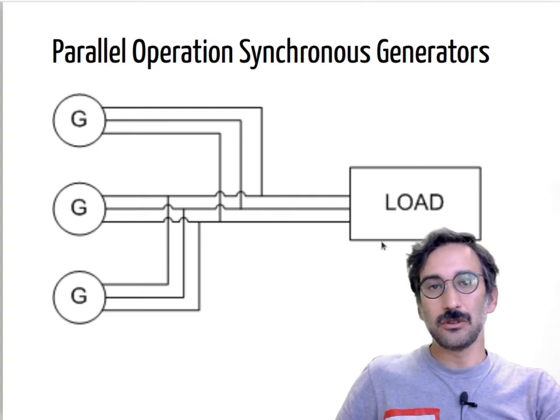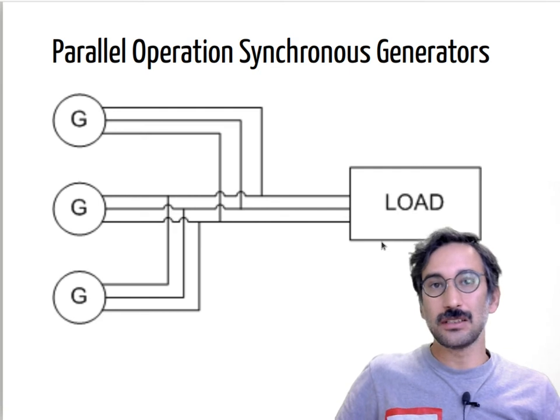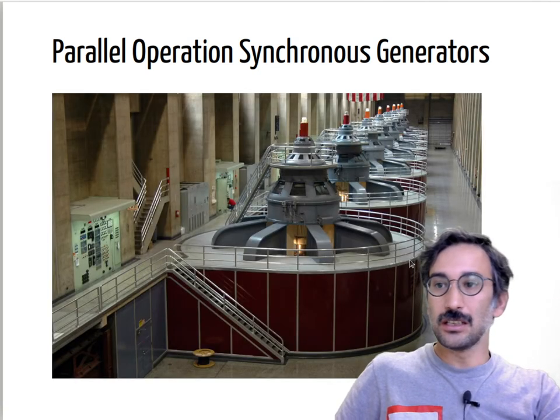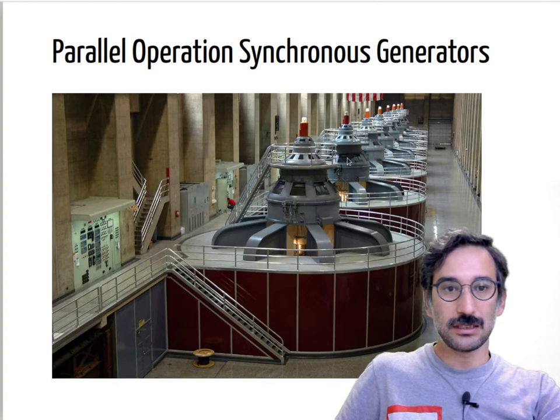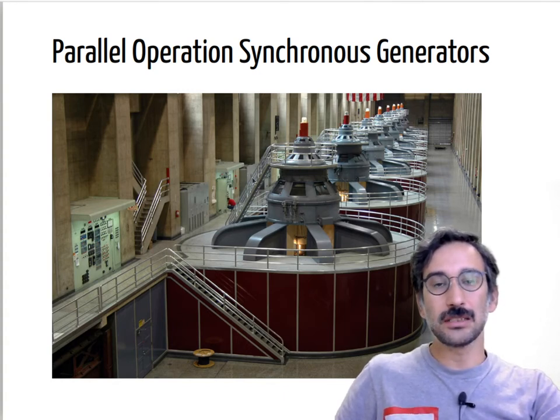And actually, if you think about it, that is what's happening in every country. We have many generators connected in parallel. This is a hydroelectric power station, so you can see many generators connected to the same bus.